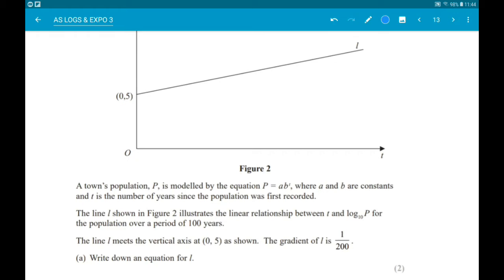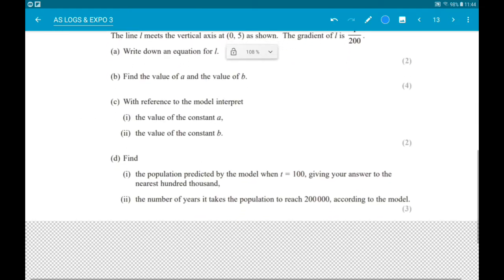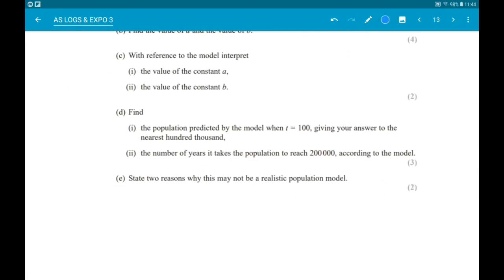So it's going to be log 10 P is equal to 1/200 times t, so t over 200, plus 5.